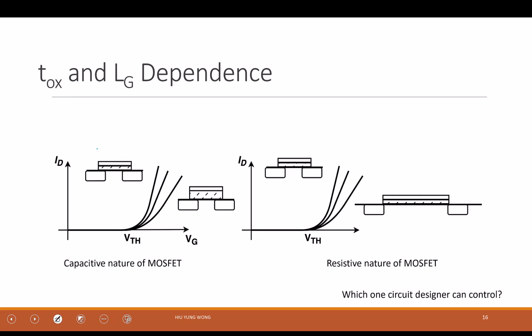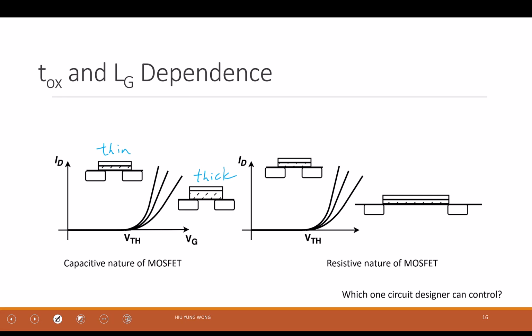This one has a thin gate oxide. This is a thick gate oxide. Which one has a larger current? Thin gate oxide has a larger current, or a thick gate oxide has a larger current?